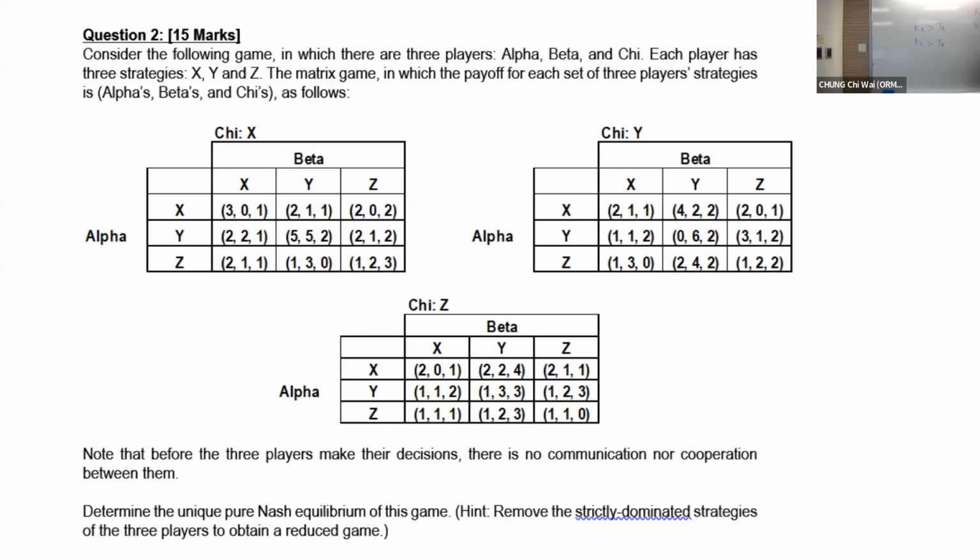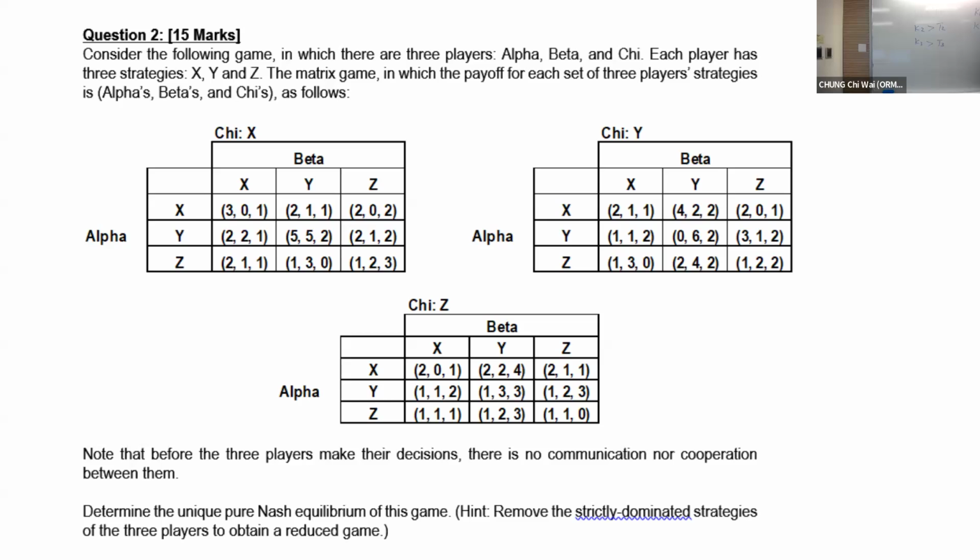All right. So if beta chooses X, pi also chooses X, what is the best response of alpha? If beta chooses X, pi chooses Z, what's the best response of alpha?